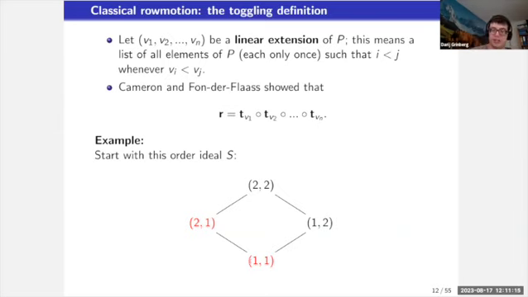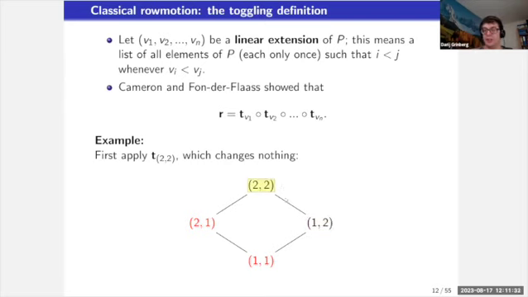So for example, let's play this game with this little order ideal. Toggle 2,2, but this toggle doesn't change anything, because if you added 2,2, then the result would not be downwards closed. So you cannot add it, and you don't do anything. Next, let's toggle 1,2. And 1,2 can be added because it will not break the axiom.